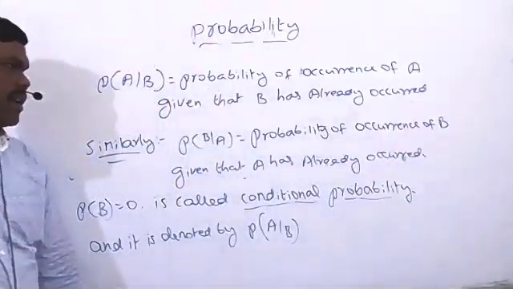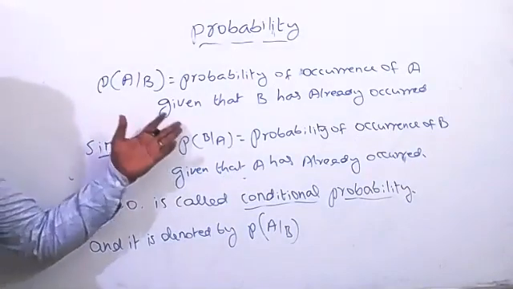That is the meaning of probability of A by B and probability of B by A.